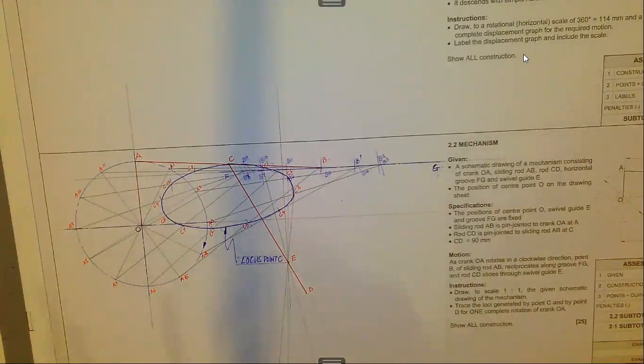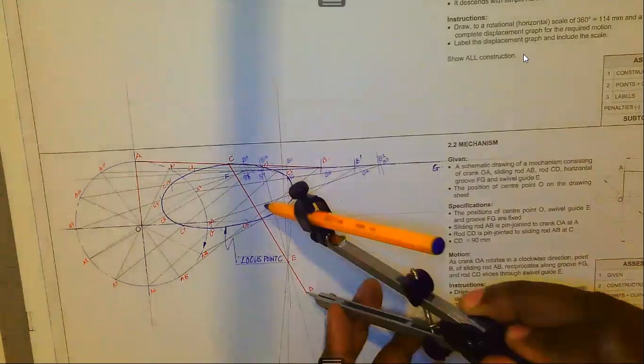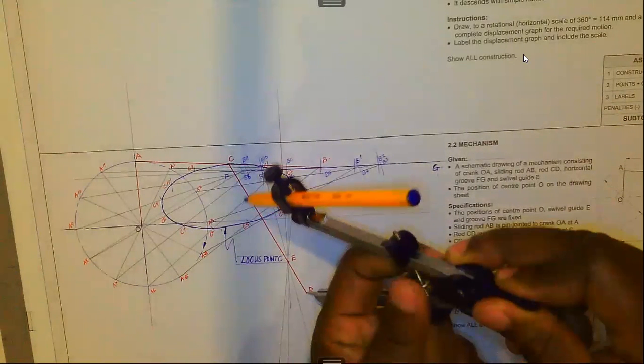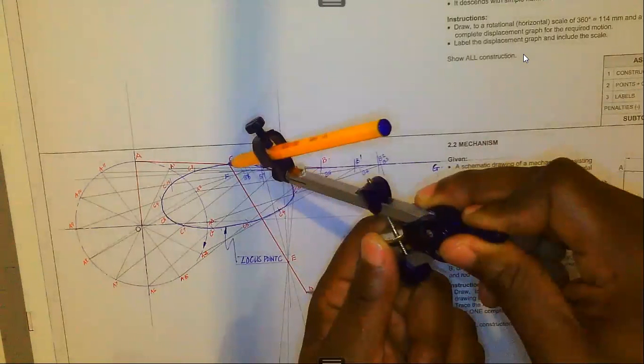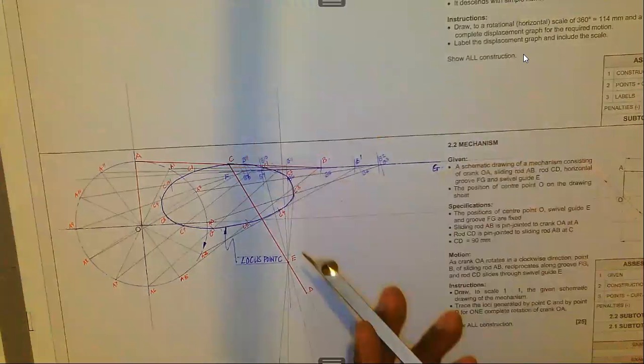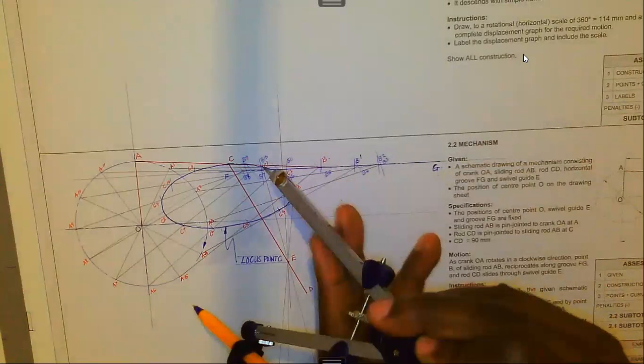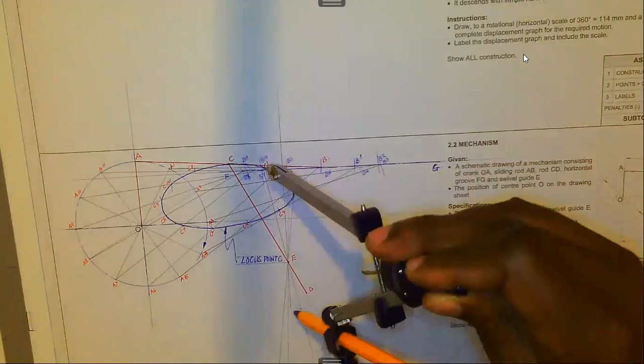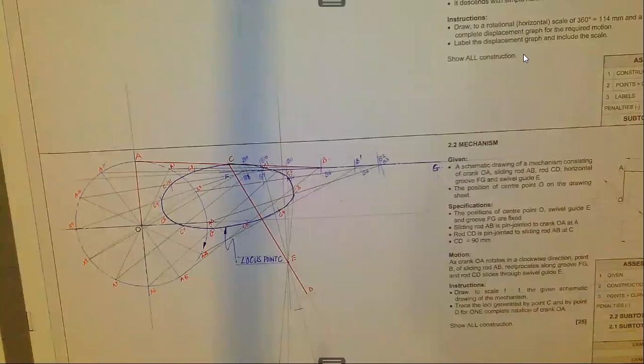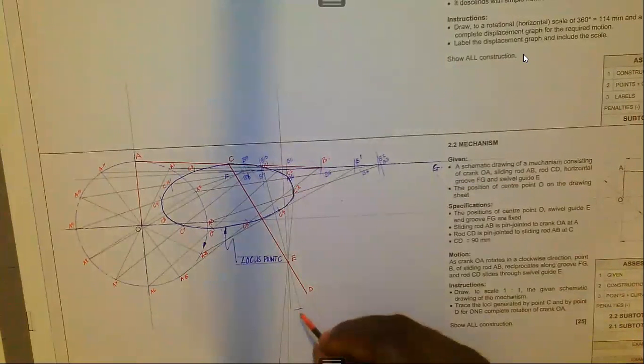Right, so we have got 3 lines at this point, so we can take the distance from D to C, which is the same as C to D. Right, stand at point C1, like this, and describe an arc. Right, now that is our D1. So you can label, this is your D1, like that.